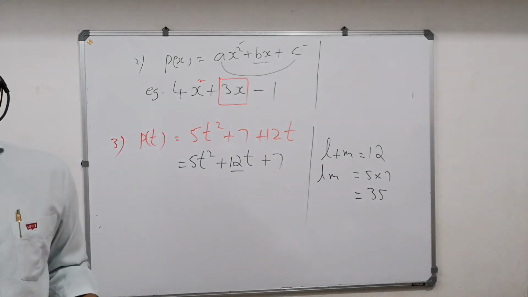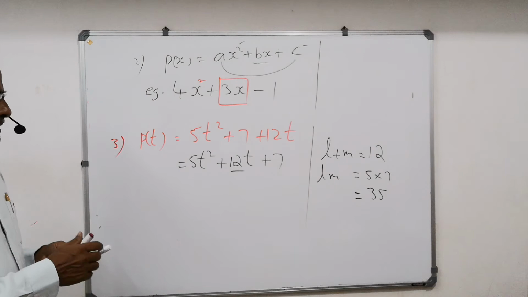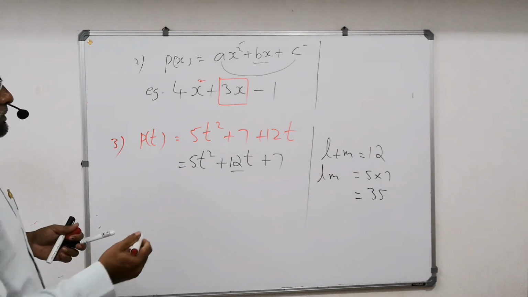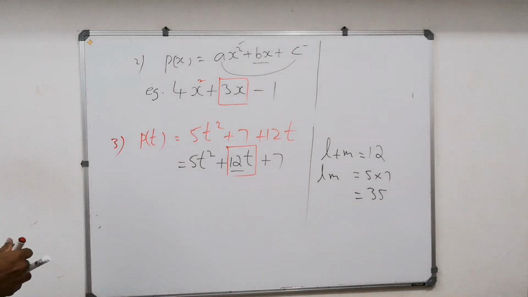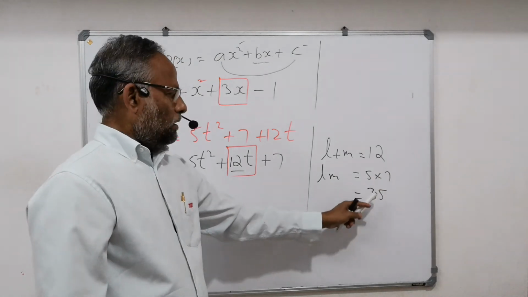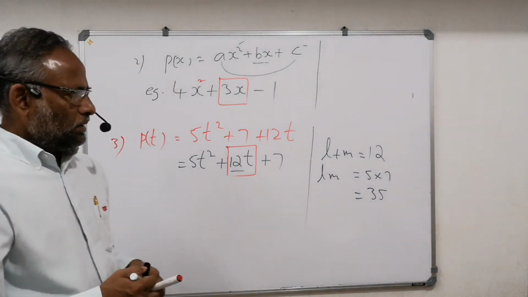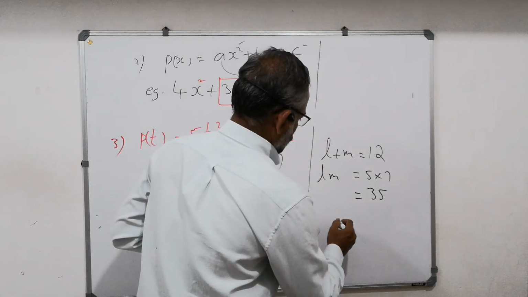These all are plus, there is no confusion. It is easy now. Now the method is splitting the middle term. You are the middle term, we are going to split you. Okay, 35, 5 into 7, okay, 12. 5 plus 7 is 12, 5 sevens are 35. So the numbers are 5 and 7.